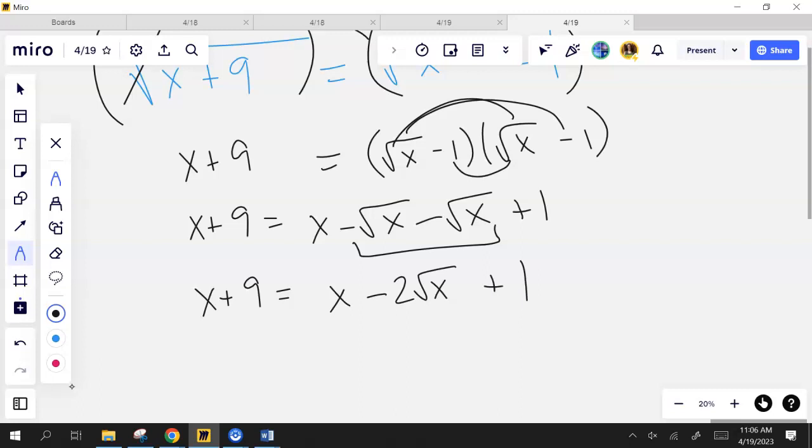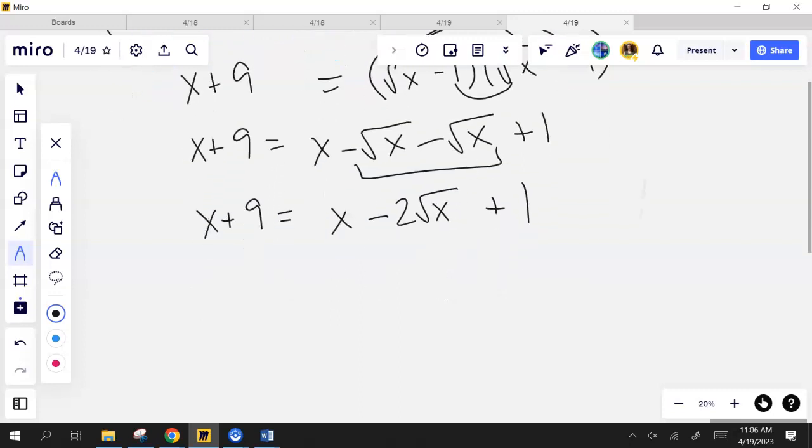Here's the more complicated thing about this one: now I've done what I was supposed to do when there were 2 radicals and I separated them and tried to get rid of them, but another one's popped out in here. So now I'm going to have to go through the whole process of isolate the radical and then eliminate again. So now I'm back to the first scenario, which is not very hard.